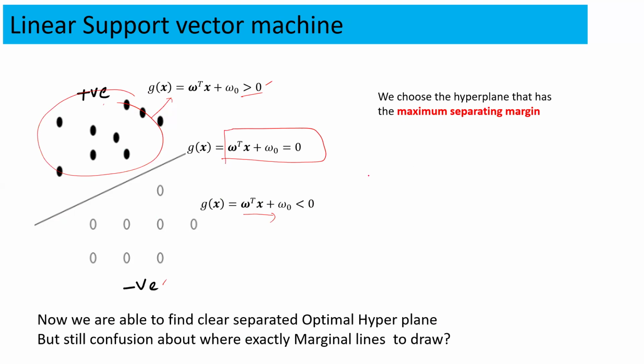That is the maximum separating margin. But what about these marginal lines? How do we draw these marginal lines? This is also an important case, right? Till now we have achieved the optimal hyperplane by using these equations. Okay, cool, fine.